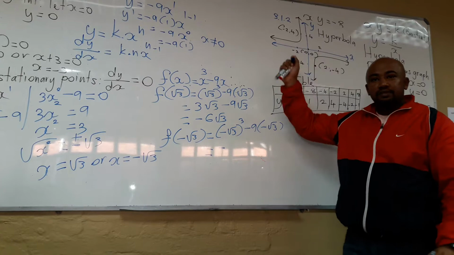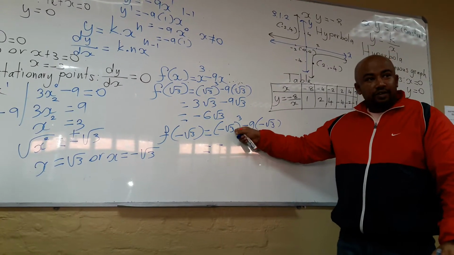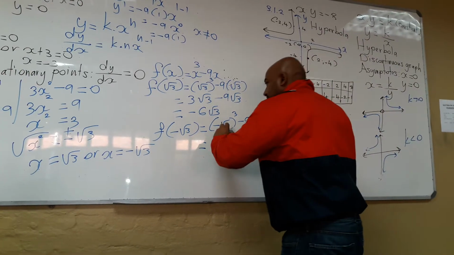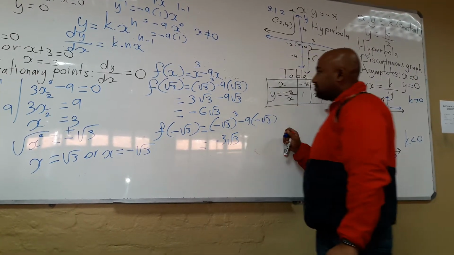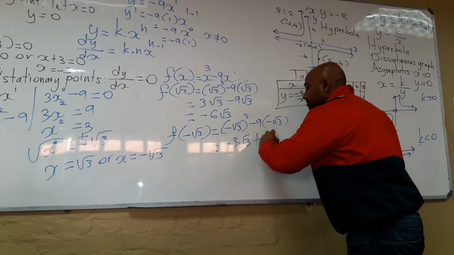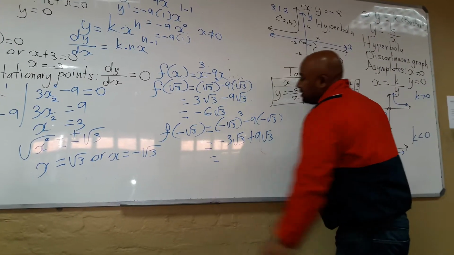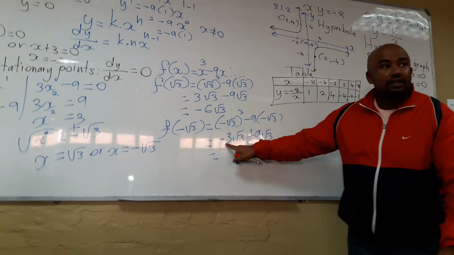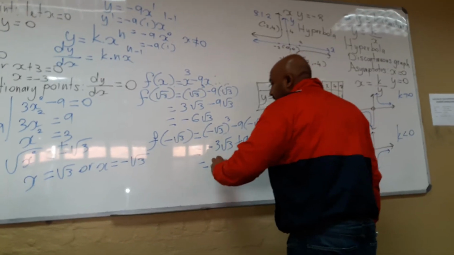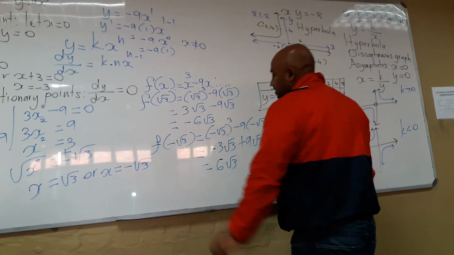Negative times negative times negative is a negative. Square root 3 times square root 3 is 3, times the square root 3 will be 3 root 3 again. Here negative times negative, that will be a positive 9 root 3. These are like terms, so we've got minus 3 root 3 plus 9 root 3, that will be 6 root 3.